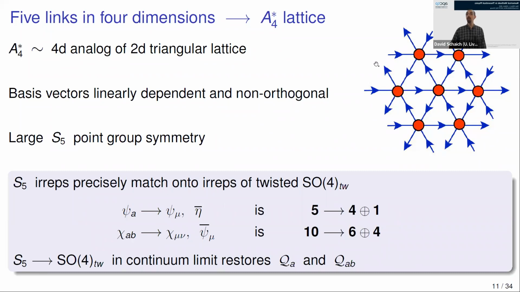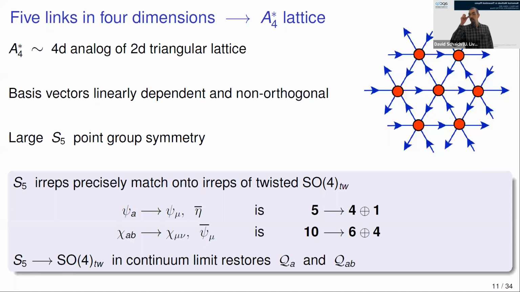And we actually have to do this in order to preserve that final supersymmetry in the system that is crucial to restore all of the others in the continuum limit. So like the triangular lattice, the 5 basis vectors of the A4* lattice symmetrically span 4-dimensional space. They are non-orthogonal and linearly dependent.